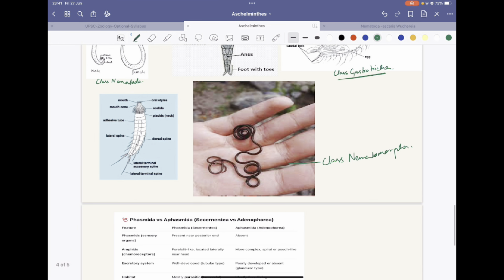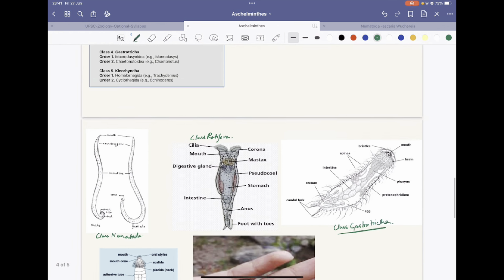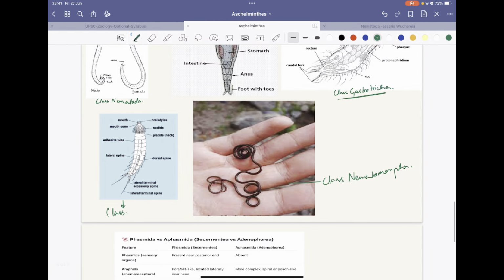So this is from class Nematomorpha, and this is class Kinorhyncha.